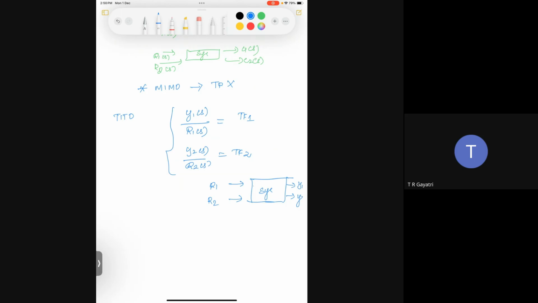Gayatri says it's enough. Anybody has any different opinion? Sayantan, you're ready to reply.